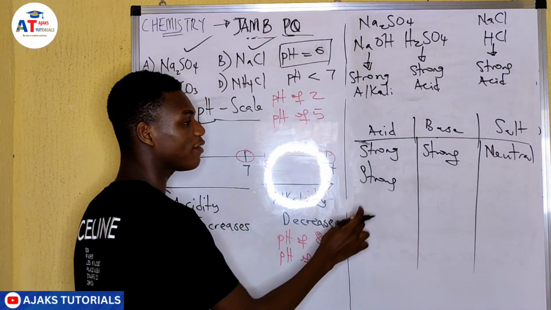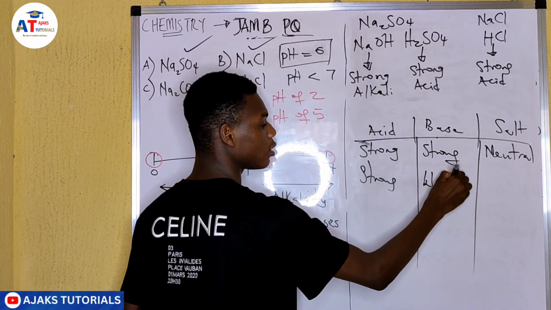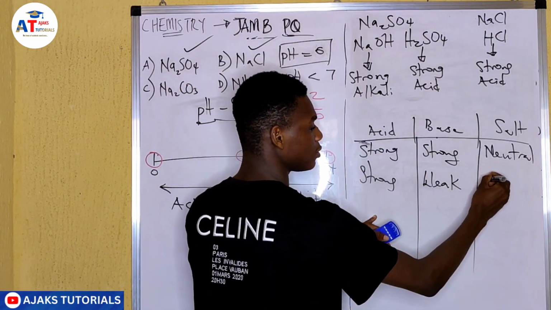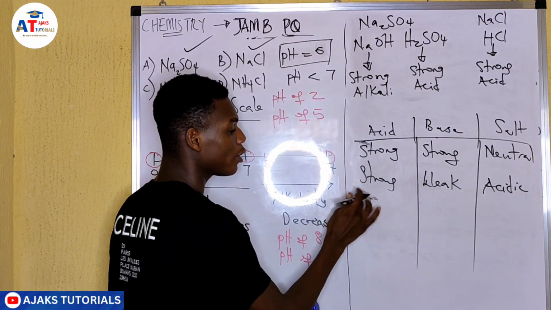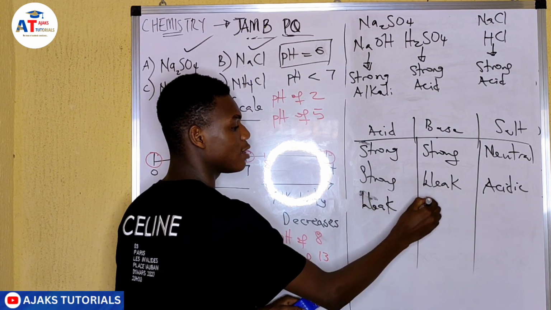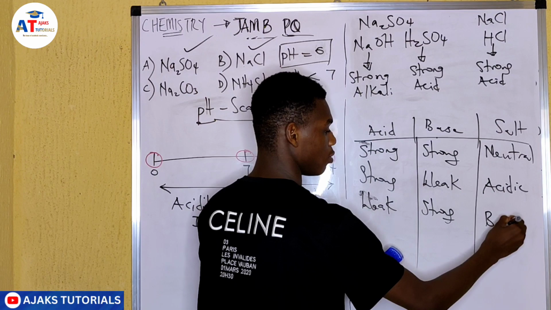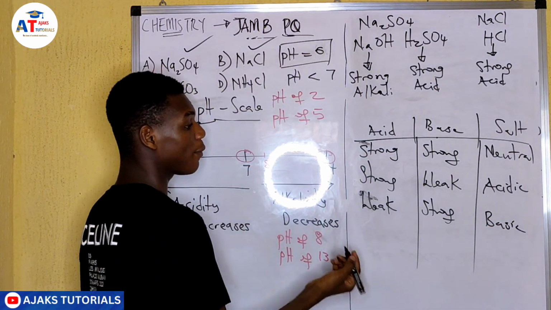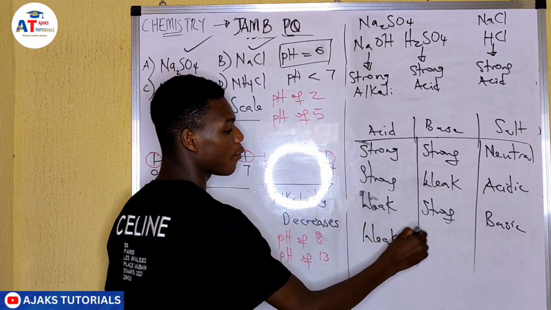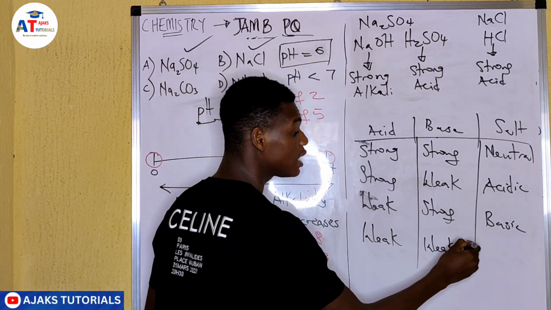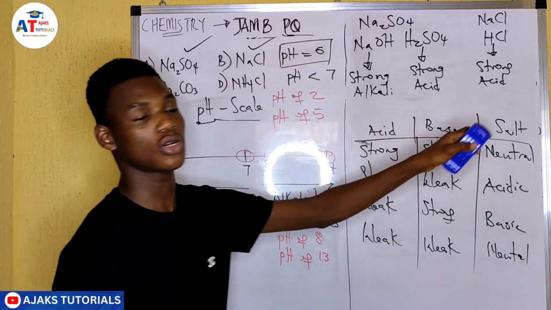When you have strong and strong, it gives neutral. When you have strong and weak, it gives acidic. When you have weak and strong, it gives basic or alkaline, anyone you want to say. When you have weak and weak, it gives neutral.